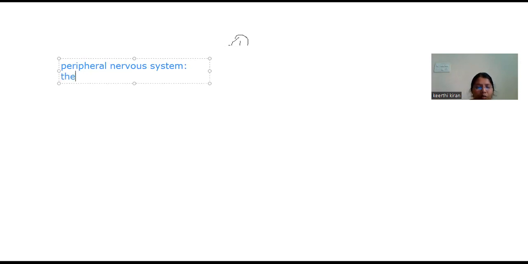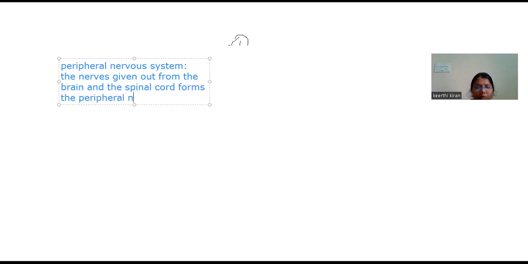The nerves given out from the brain and the spinal cord form the peripheral nervous system, or PNS.